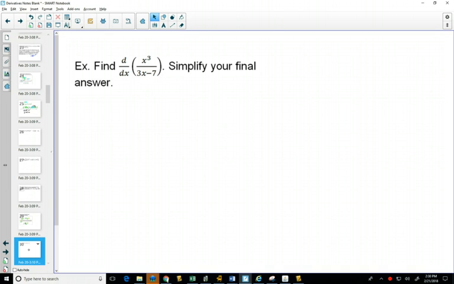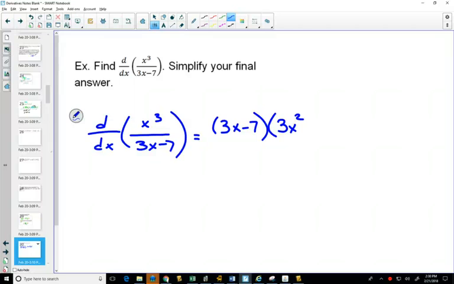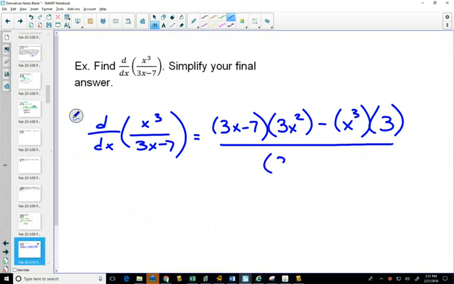So our derivative of this will equal: keep the bottom function the same, multiply by the derivative of the top function, then keep the top function the same, multiplied by the derivative of the bottom function, divided by the bottom function squared.